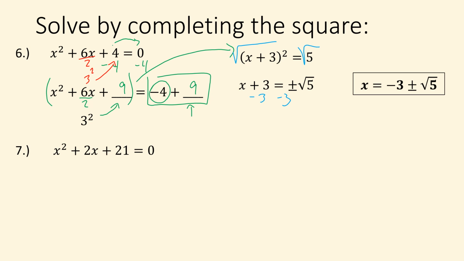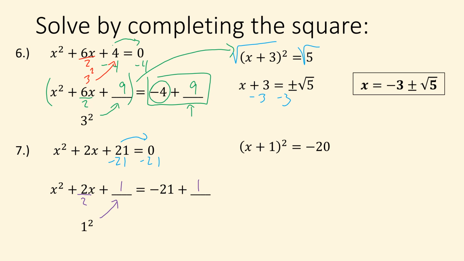Number 7, we're going to do the same thing. Take this 21, move it to the other side by subtracting it. Complete the square. Half of this middle one gives us a 1. 1 squared is 1. Put it on both sides there. So this whole thing is x plus 1 squared equals negative 20.